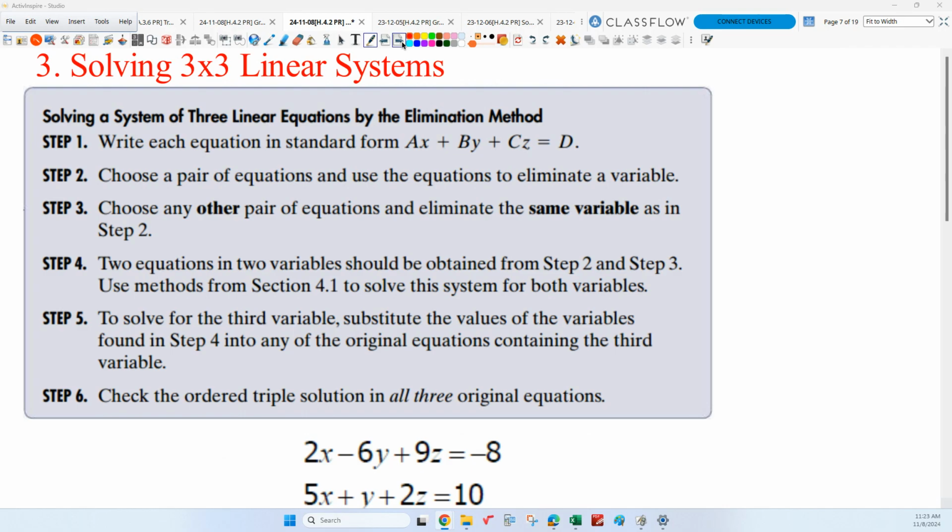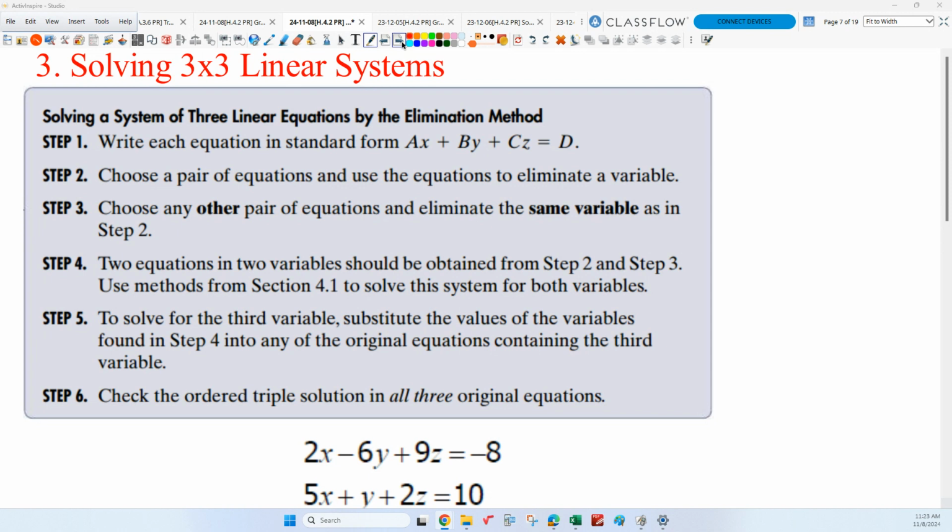4x4, 5x5, you definitely want to use matrix methods, which I'll show you guys, not today, but those all rely on writing the equations in standard form. So when you're solving linear systems, standard form is the best way to go. Standard form for 3 variables is just x term first plus y term plus z term equals constant, right?